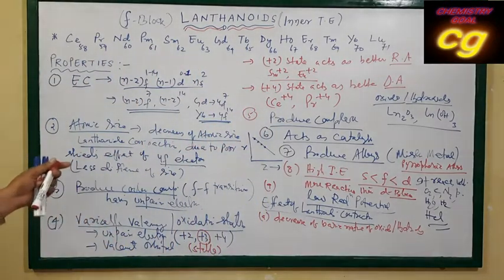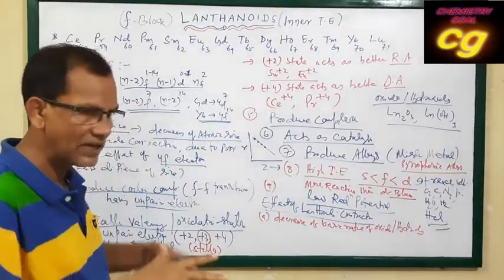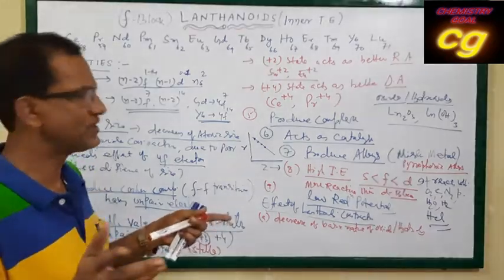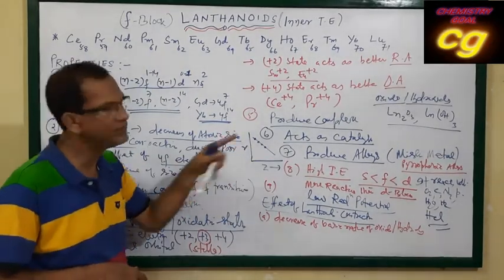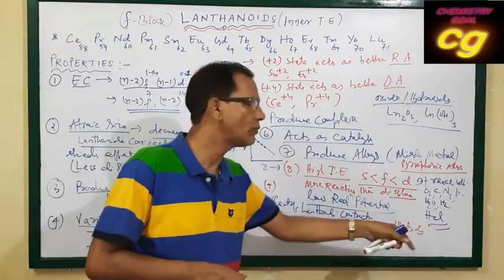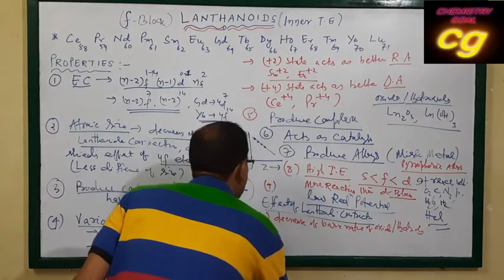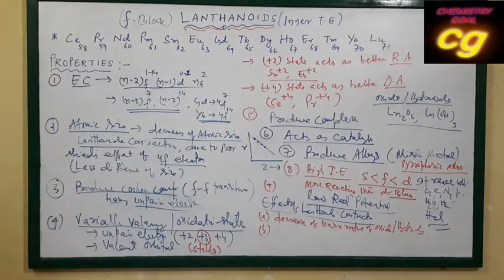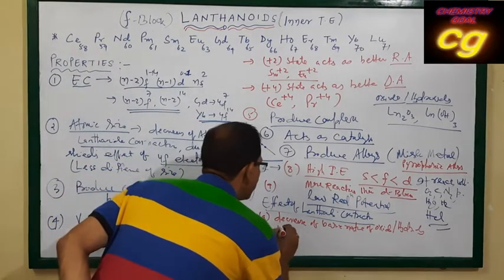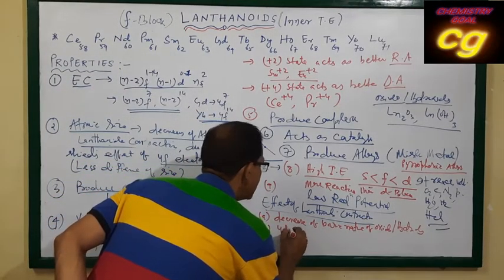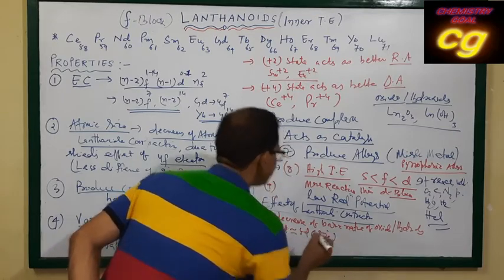Because size decreases, and we know basic character depends upon the size. Larger metals are more basic. As the size decreases, as you already saw in the graph, the basic character of oxide and hydroxide decreases. Then another thing: due to this lanthanide contraction, as already discussed, 4d is approximately equal to 5d in size.